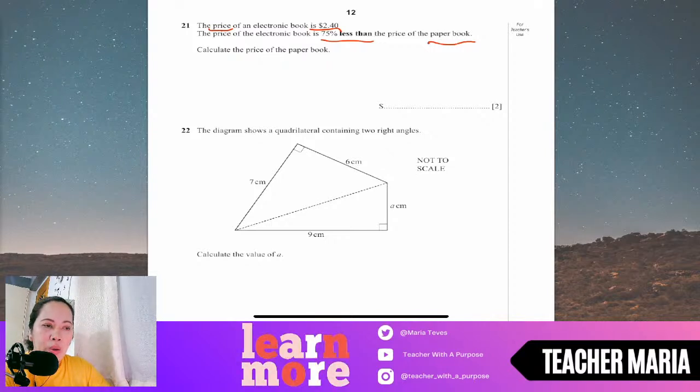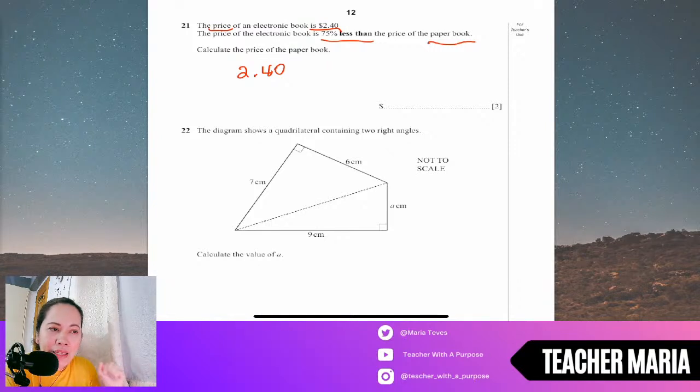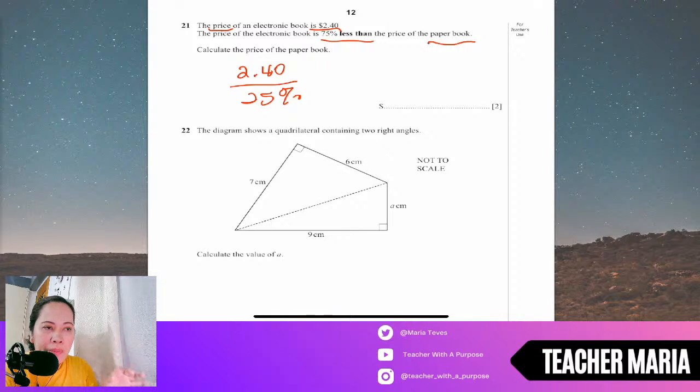It says it's 75% less than. So when we solve this kind of question, the electronic book is 240. Since it's 75% less, we are left with 25% out of the 100%, which is the price of the book. That means that it is only 25% of the price. So you just need to divide the price by the percent.